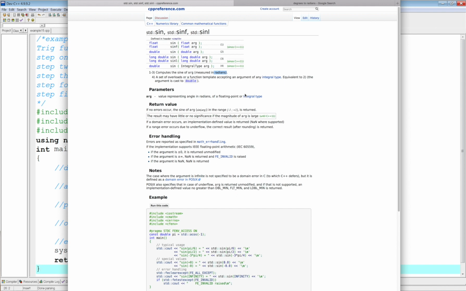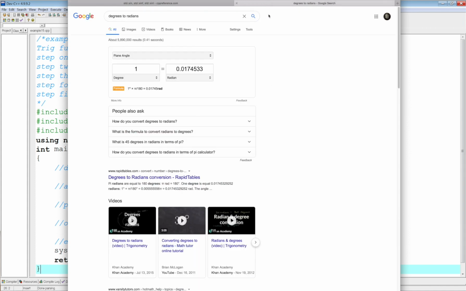Now, unfortunately, sine and cosine and tan and all these functions here will only accept the angles measured in radians. So that means when you supply an angle in degrees, you're going to have to do some intermediary process in between by converting the angle into radians before you supply it to the function. So this is why I have another link here that shows how to convert from degrees to radians.